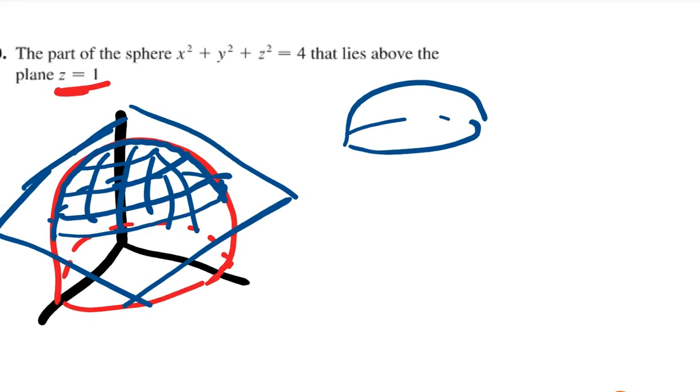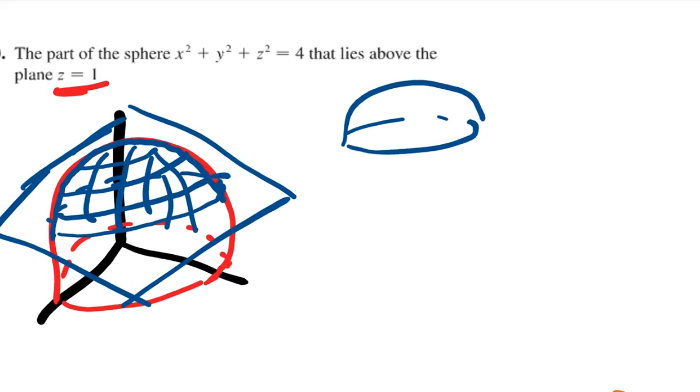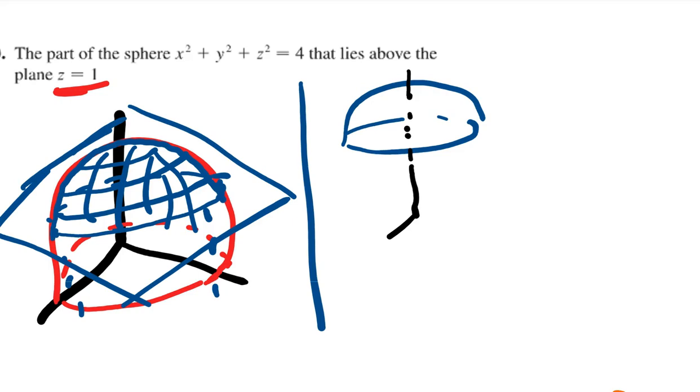So we need to find out what the domain is underneath it, right? Because there's a domain underneath this. When you project this top portion of the sphere above z equals 1 down into the xy plane, there is going to be a little domain there as well.